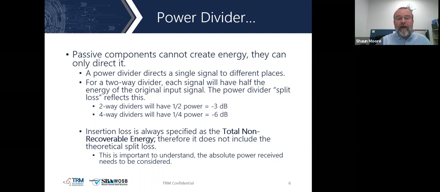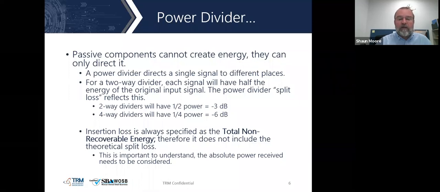So for a two-way power divider, you have the split loss and then you have the insertion loss on top of that. So if you have a half a dB worth of insertion loss, that means that if you add that on top of your 3 dB worth of split loss, your total insertion loss of each one of those through paths will be 3.5 dB.